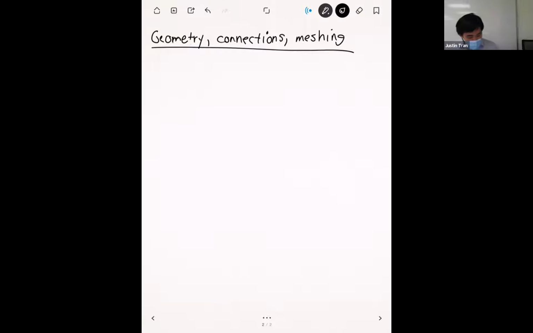The great part about thermal simulations is that they require all of this too. All of this is exactly the same as how you did the structural simulations. You don't do anything different here.